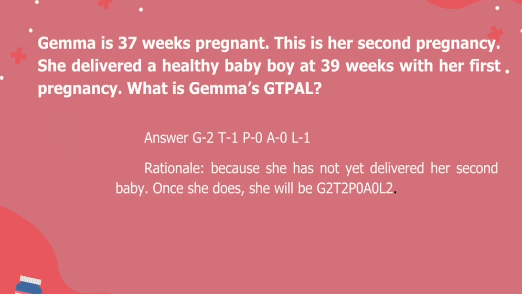So here's an example. Gemma is 37 weeks pregnant. This is her second pregnancy. She delivered a healthy baby boy at 39 weeks with her first pregnancy. What is Gemma's GTPAL? So check the number of times the woman has conceived, including the current pregnancy. So the gravida is 2.